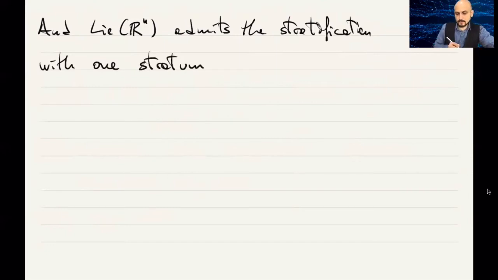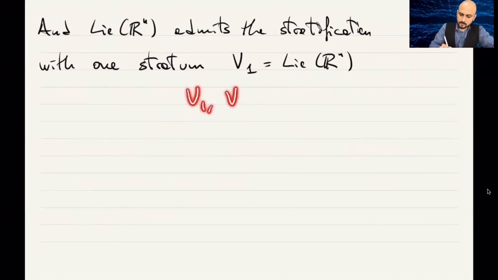The stratification has one layer V1, which is just the whole Lie algebra. And this is a stratification because [V1, V1] in this case is equal to 0.